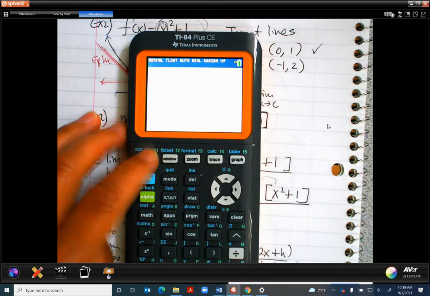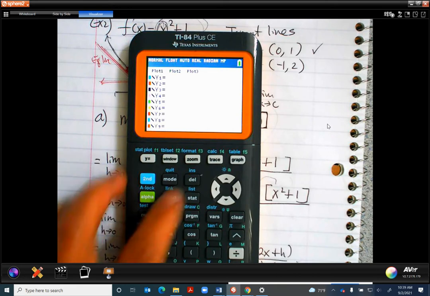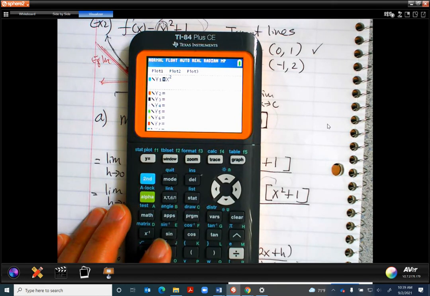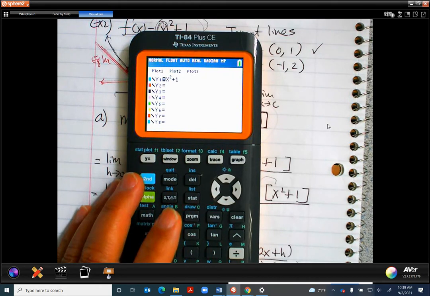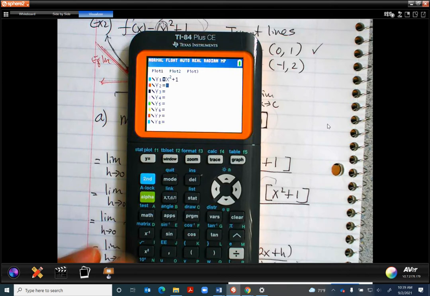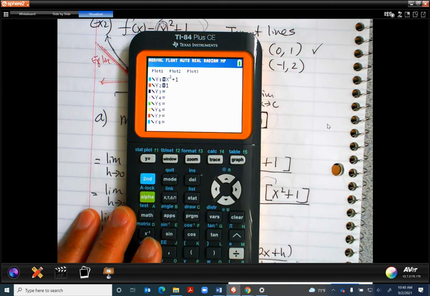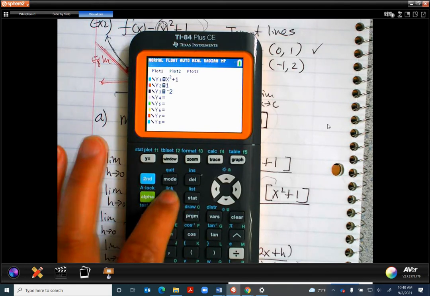Alright, so go to y equals. Do you remember our original function? It was x to the second power plus 1. And do you remember our first tangent line, wasn't it y is equal to 1? And then our second tangent line, which is negative 2x?